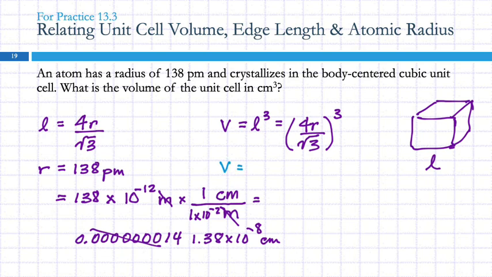So my volume is going to be 4 times the radius in centimeters divided by the square root of 3, and that whole thing raised to the 3rd power. So how you enter that into your calculator is going to depend on what kind of a calculator you have.